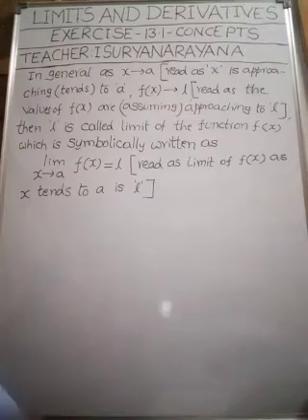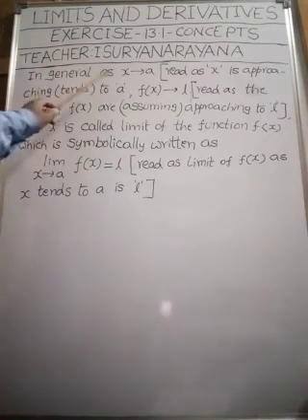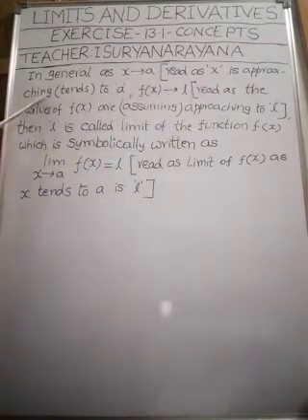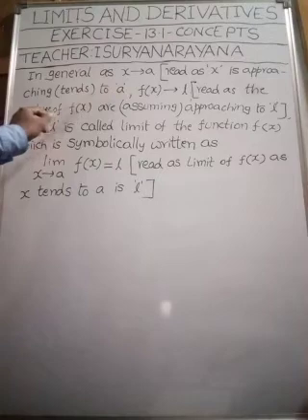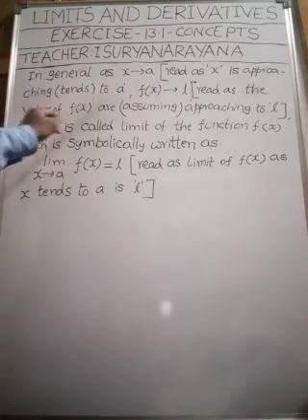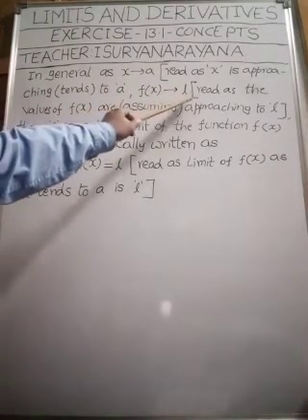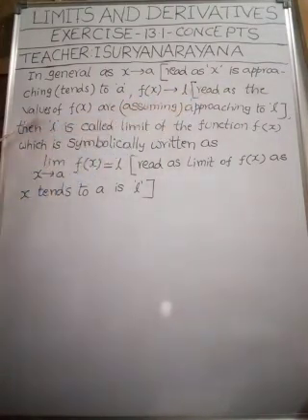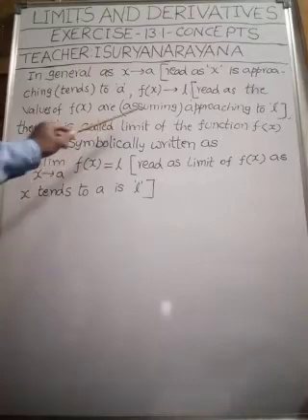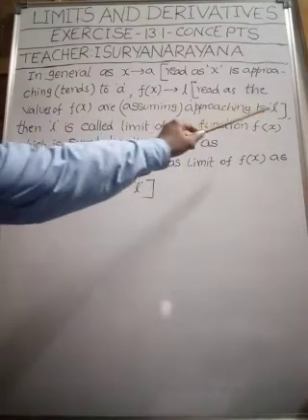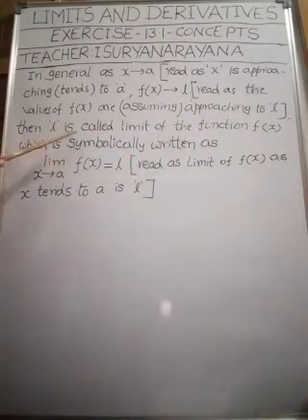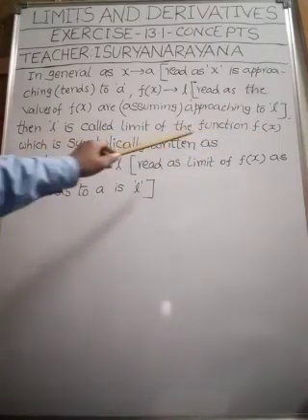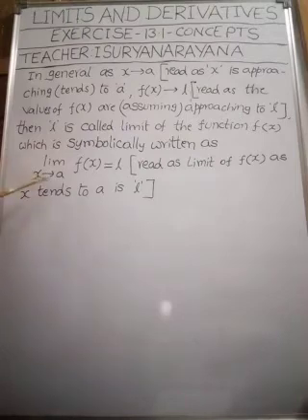Right. So in general, as x tends to a, read as x is approaching a, f of x tends to L, read as the values of f of x are approaching L. Then L is called the limit of the function f of x, which is symbolically written like this.